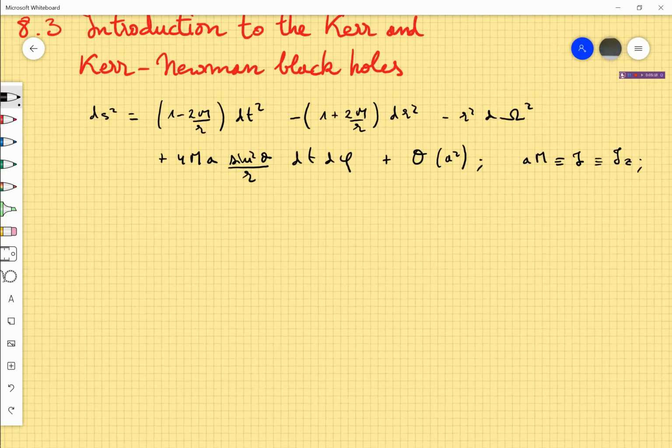Well, this is an approximate solution, which is only valid asymptotically. And you see that this metric is axially symmetric, not spherically symmetric anymore, because this term depends on theta in a way which is different from this one. And we proved that the spherically symmetric metrics are essentially of the form of the first line.